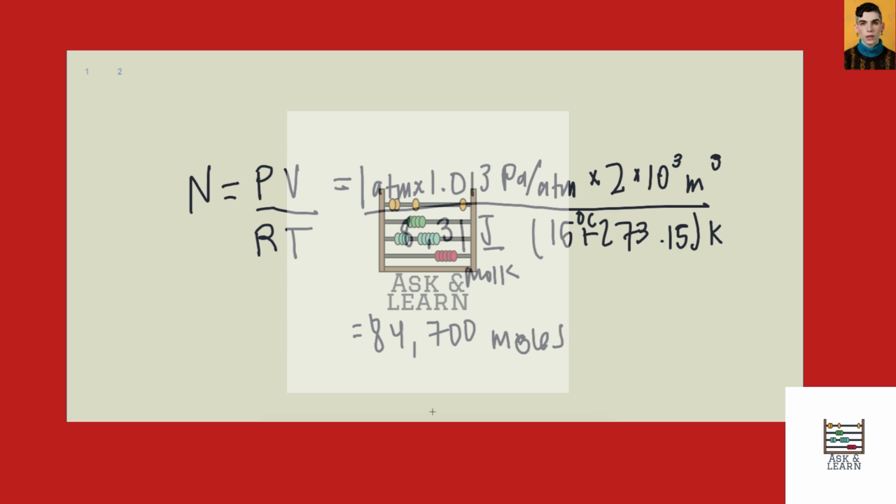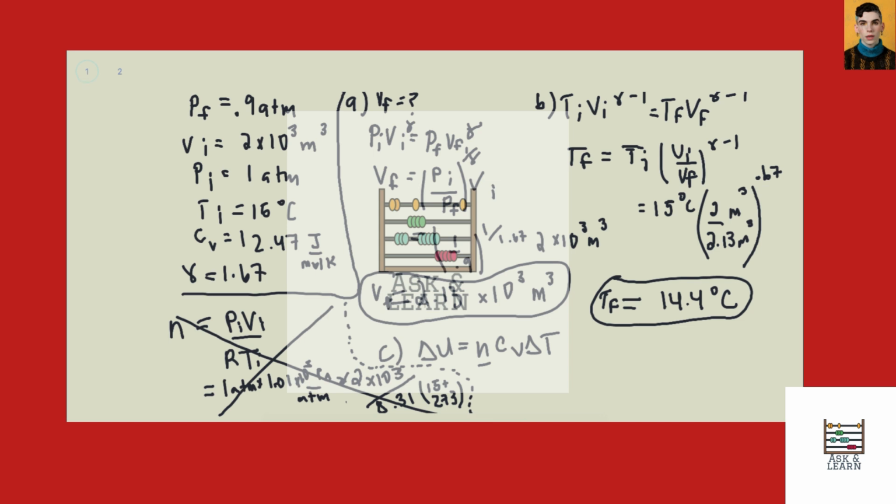moles. All right, now you can go back to our first page and plug that in there. Great, so now we have everything we need to get the change in internal energy: 84,700 moles times 12.47 joules per mole Kelvin times delta T, so that's 15 minus 14.4.